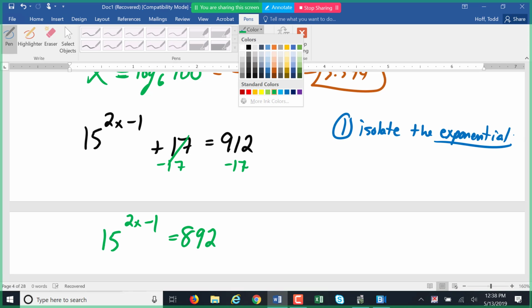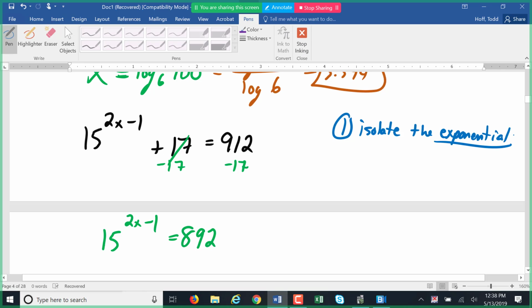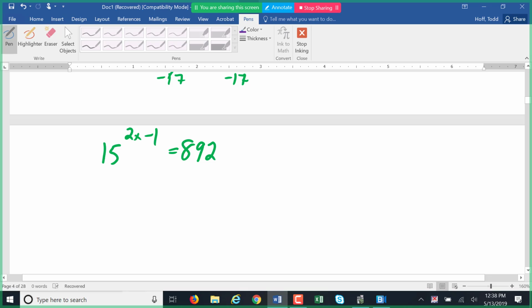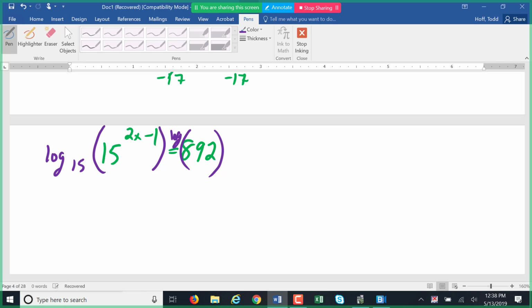Now that it's isolated, I can go ahead and undo or cancel out the exponential. How am I going to cancel out the exponential here? It's going to be a log. Log of what base? 15. Good. So the log base 15 and the base of 15 in my exponential cancel out, leaving me with the 2x minus 1.